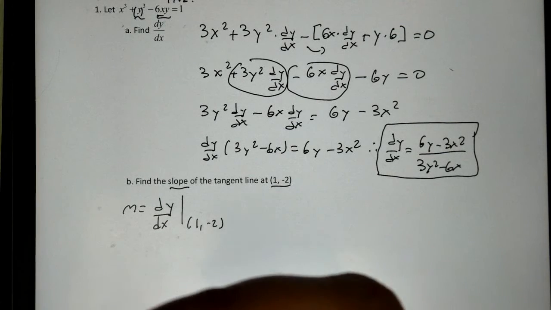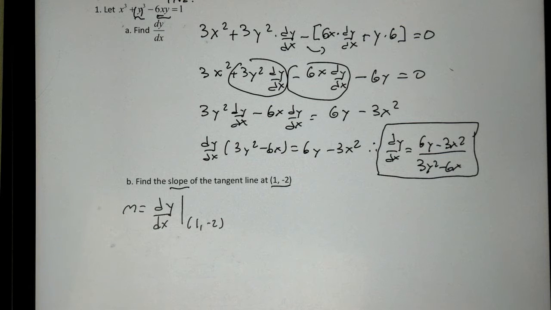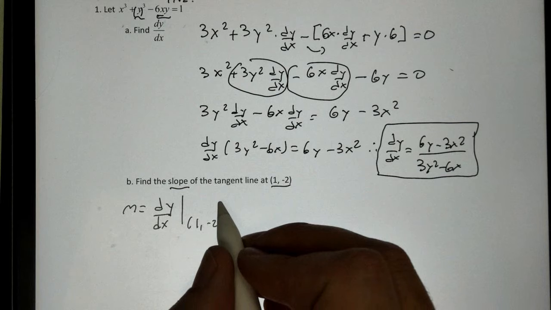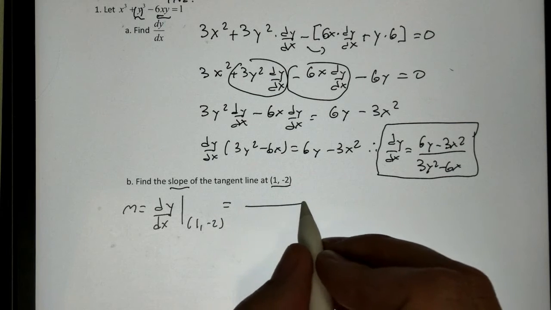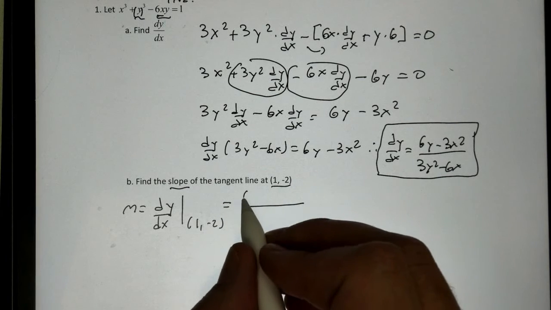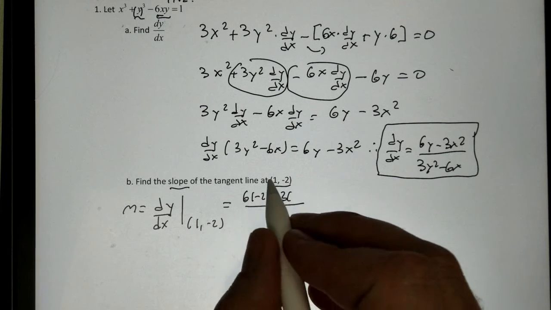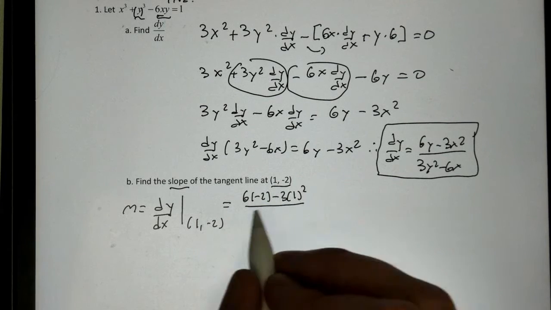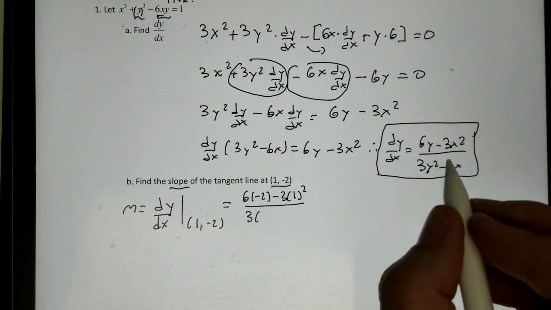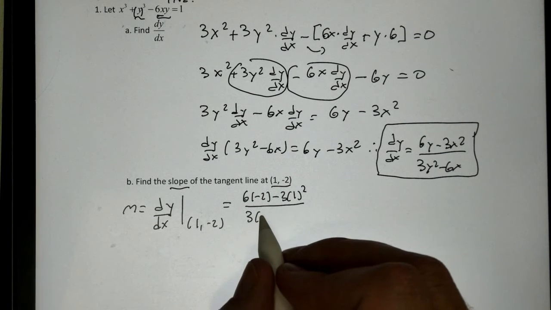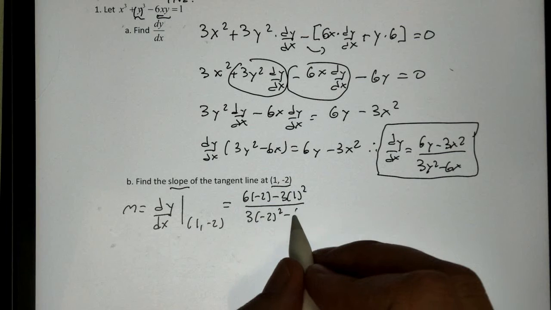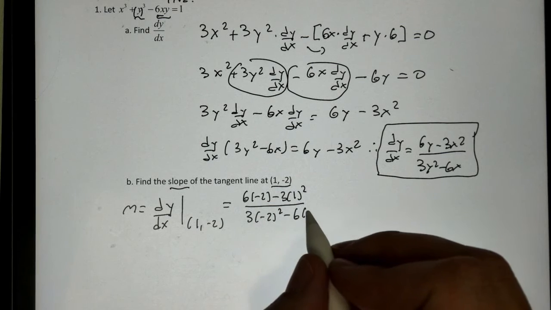Now, if you don't write this notation, nobody's going to come after you, but it's a cool looking notation for us. And that's going to equal, when we plug this in, 6 times y, well, y is just negative 2, minus 3 times 1 squared. On the bottom, we're going to get 3 times my y value, which is negative 2 squared, minus 6 times my x value, which is 1.